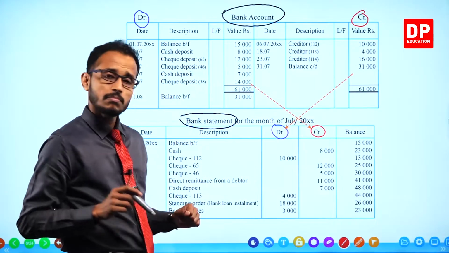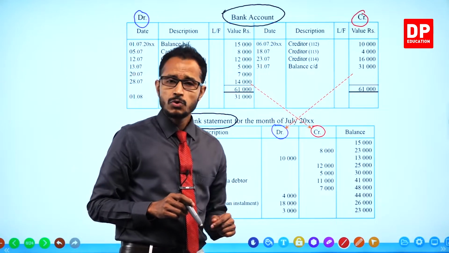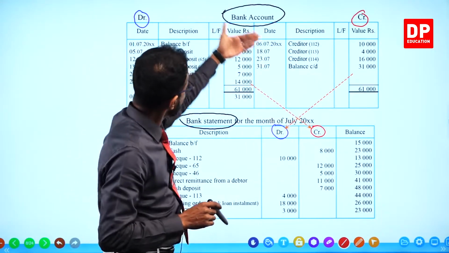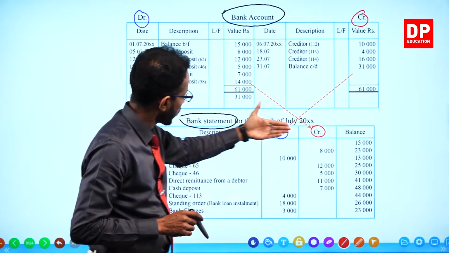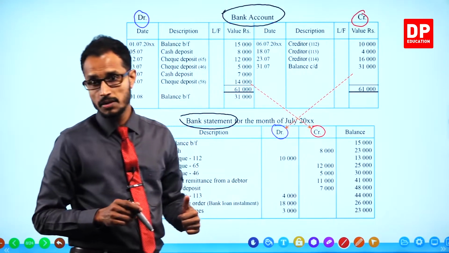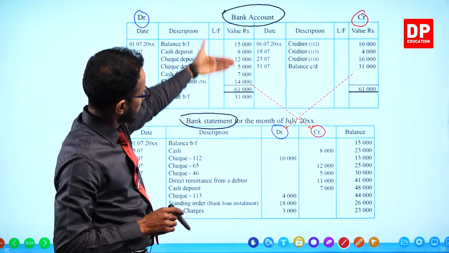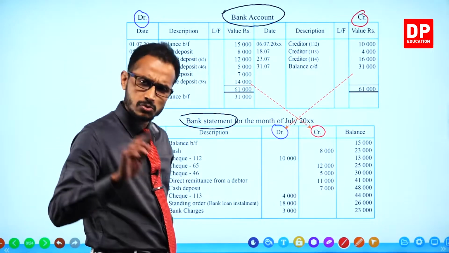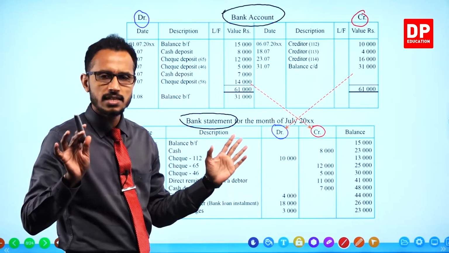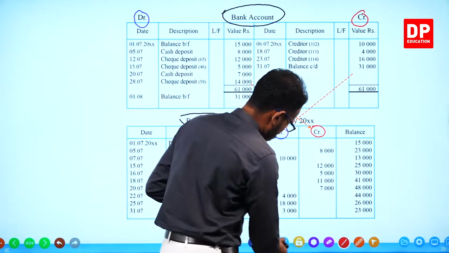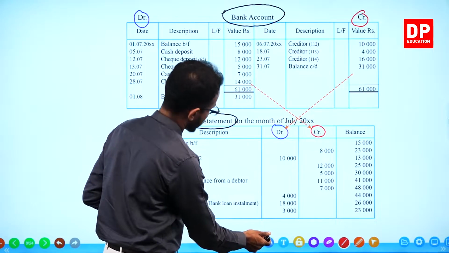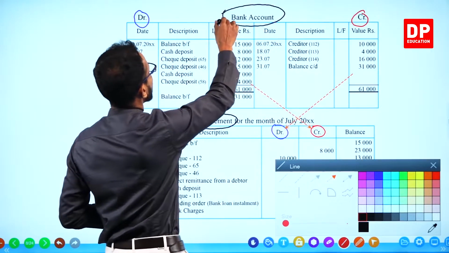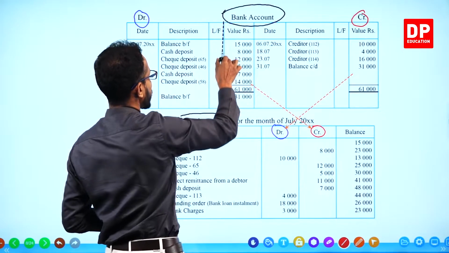Children, I'm just curious. Do you want me to use one color for the debit column and the credit column, because we are going to compare this side with this side? I'll use one highlight color so it's clear to you. Okay, like this.